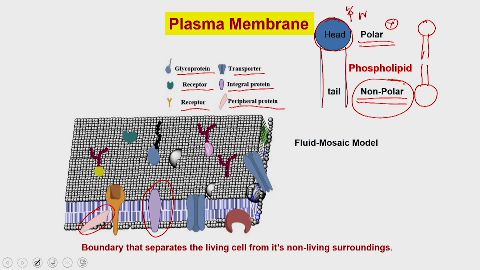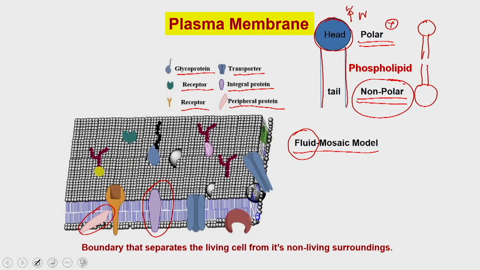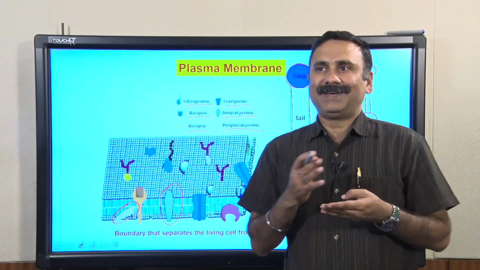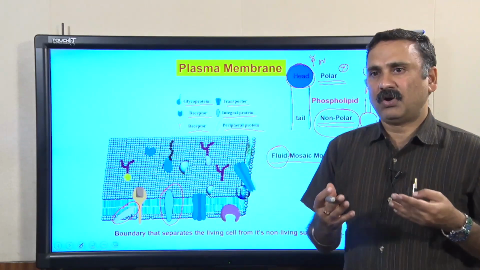And the classical model which explains the arrangement of lipid and protein in a plasma membrane is called the fluid mosaic model. According to this model, the lipid molecules make a fluid-like situation, and because the lipid molecules can rotate or move within the plasma membrane, the plasma membrane is dynamic in nature. It can change the position of the proteins as well as the position of different lipids.